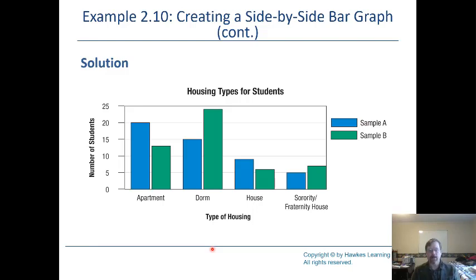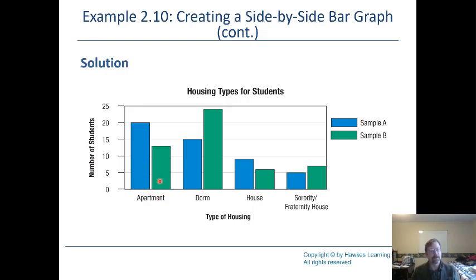So it comes out looking like this. We've got sample A, the sample we've been working with, in blue, and sample B, the second sample, is in green now, next to it. So you can see within each class, we've got the two sample sets right next to each other.